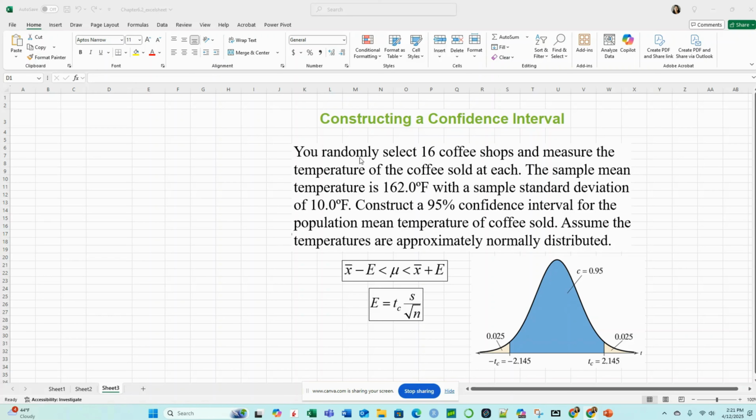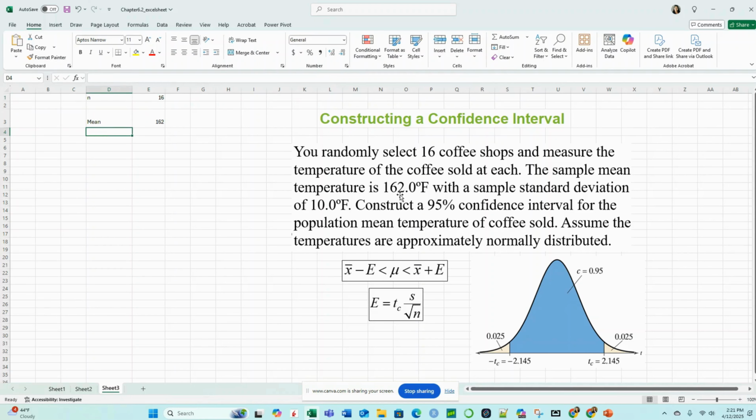From this example, it's 16 coffee shops. I will type here n is 16, the number of samples, and we measure the temperature of the coffee sold at each. The sample mean is 162.